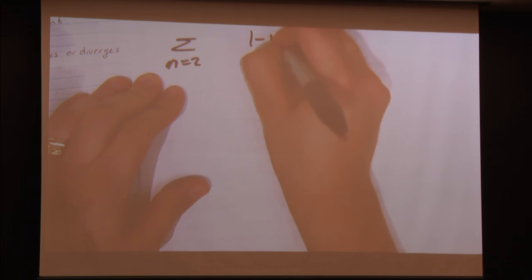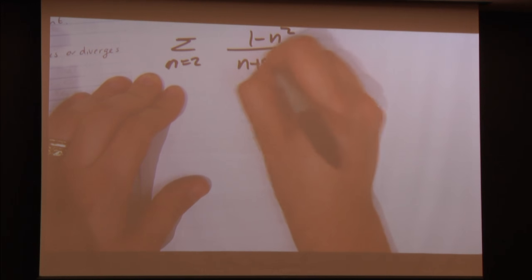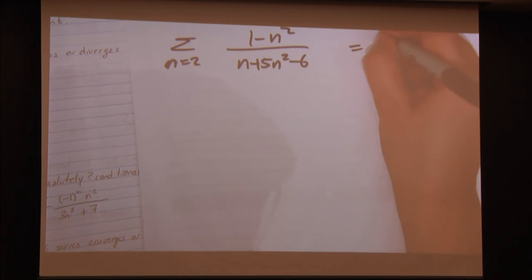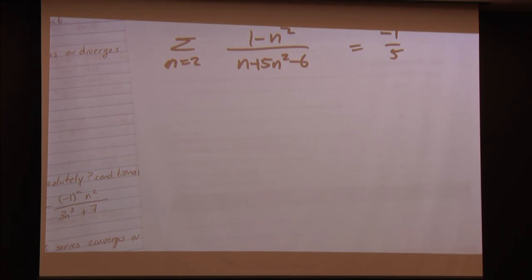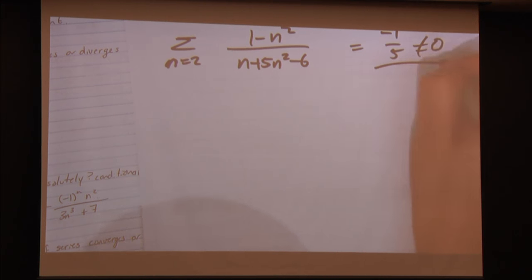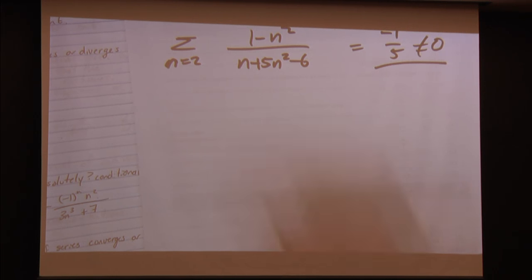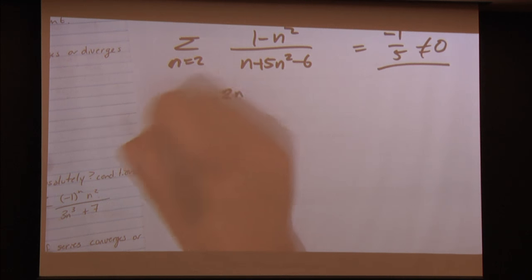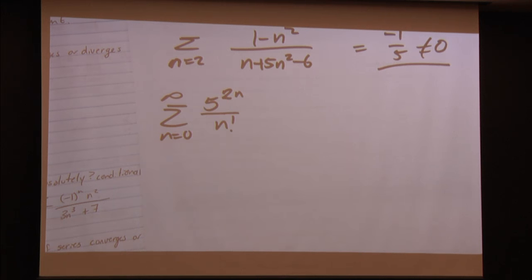Okay, so this one, you should have gotten time to do the other ones. So then you have the divergence test. Off the bat, you get 1/5. Negative 1/5, this is not equal to 0. It diverges. Okay, the other one is ratio test. 5 to n squared. Ratio test.